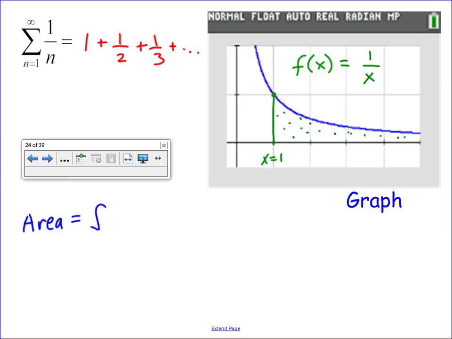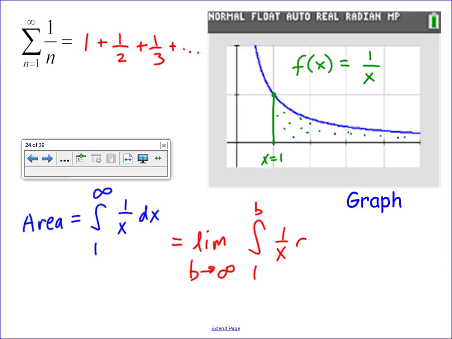Our area is given by a definite integral, in this case 1 to infinity of 1 over x dx. And in this case, this is given by the limit as b goes to infinity of the integral from 1 to b of 1 over x with respect to x.